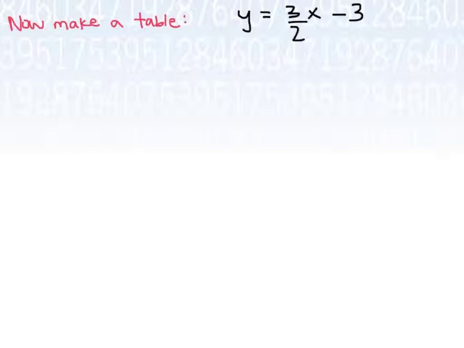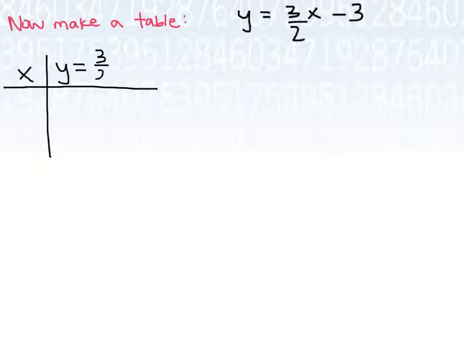So my table will include the x values that I choose, the y values that I'm computing, and we find the y values by plugging the x values we choose into the equation y equals 3/2 x minus 3. The last column of my table will help me tie everything together, where I'm going to pair up my x value with its corresponding y value.